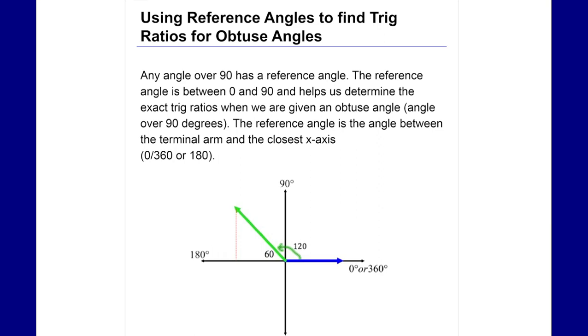It helps us determine the exact trig ratios when we are given an obtuse angle. The reference angle is the angle between the terminal arm and the closest x-axis, whether it's 0 or 360 or 180. So it's always in reference to the x-axis.